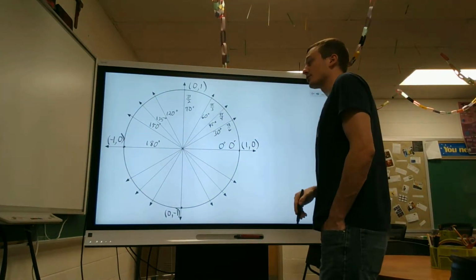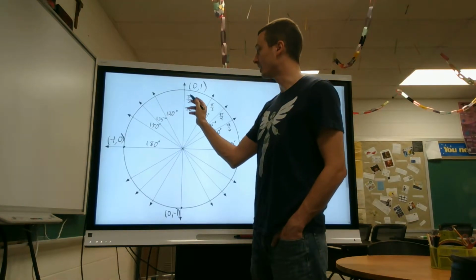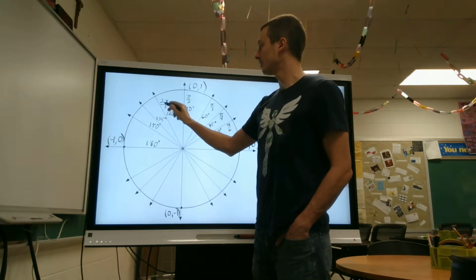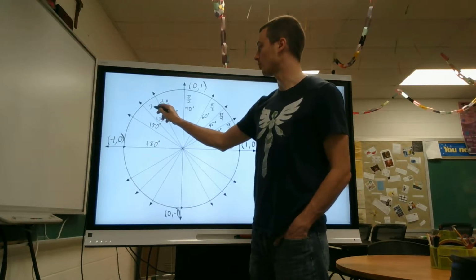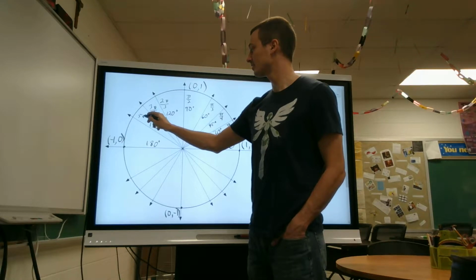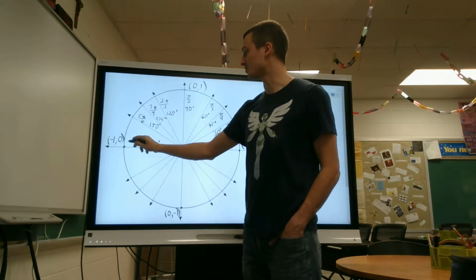So as far as radians are concerned, this one's going to be 2 pi over 3. This one is 3 pi over 4. This one's 5 pi over 6. And this is pi.